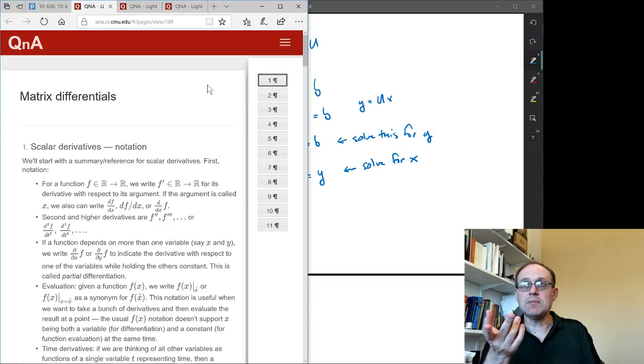The reason that we're talking about it is that there are a lot of instances where it helps to be able to rapidly take the derivative of expressions that involve matrices, either as inputs or outputs or intermediate quantities. You can do that with just a knowledge of scalar derivatives. You can write out all of the matrix multiplications in terms of explicit sums and keep track of different indices on each one of your expressions.